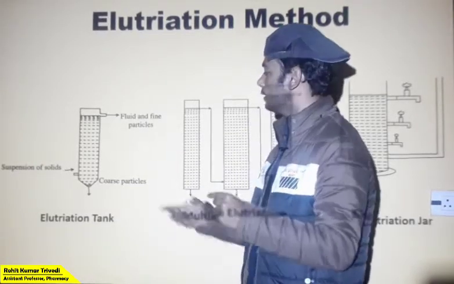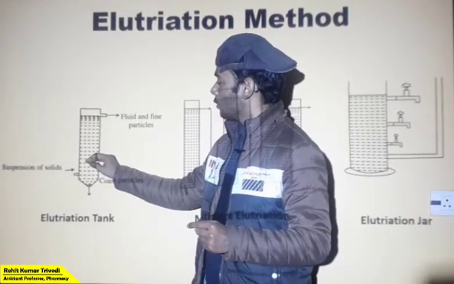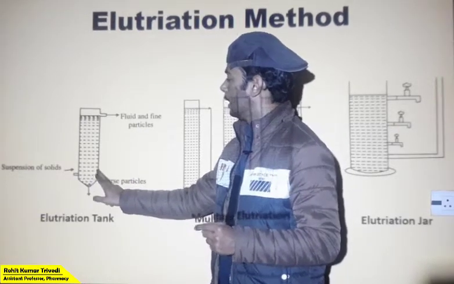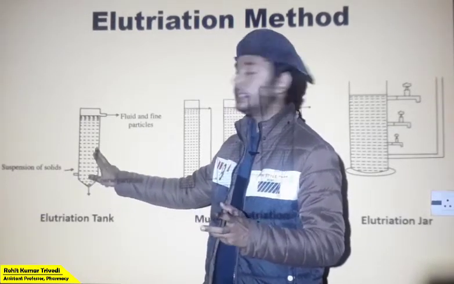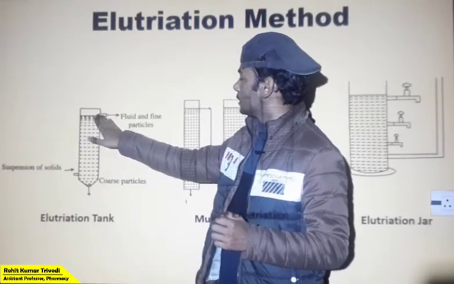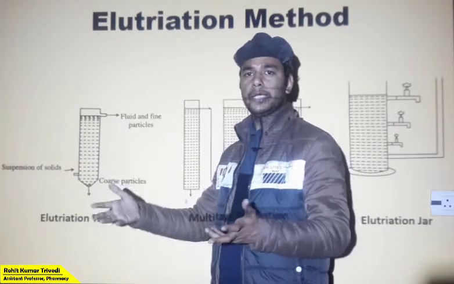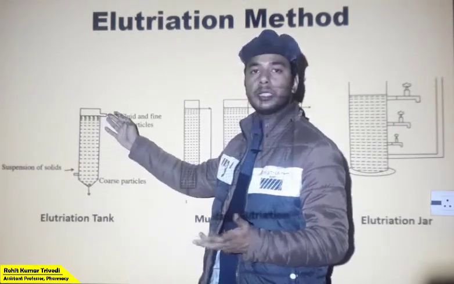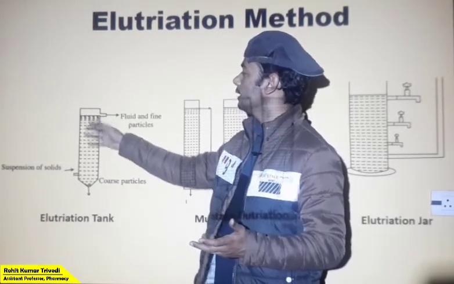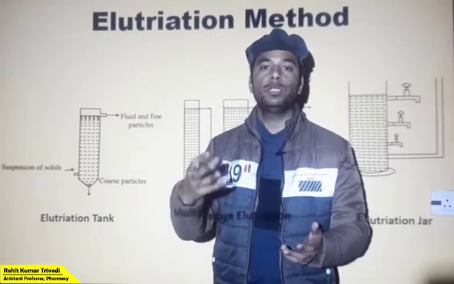As we introduce more suspension, the level of the suspension will increase, and ultimately from the top side we will be having clear liquid if complete separation has been completed. If the separation is not complete, there will be a suspension again, but this water will be having particles with low density.